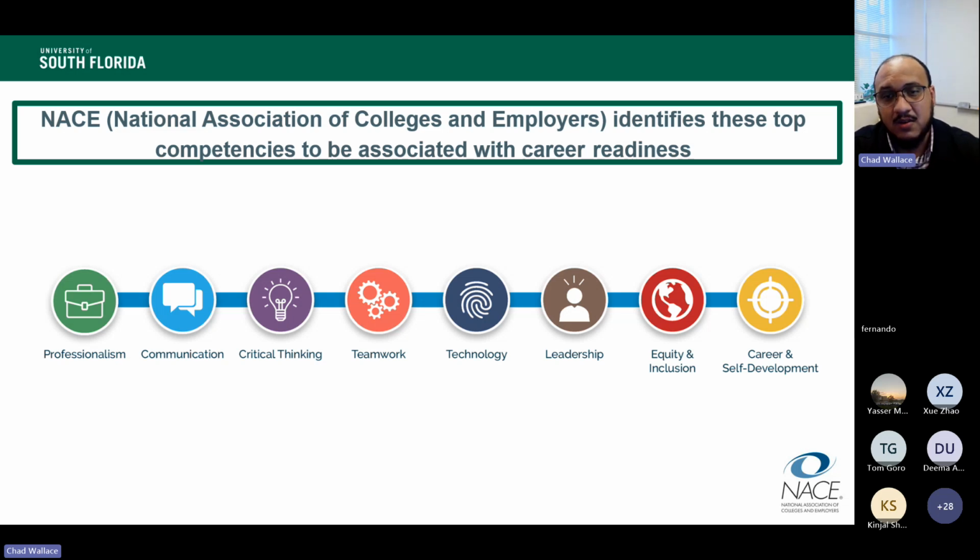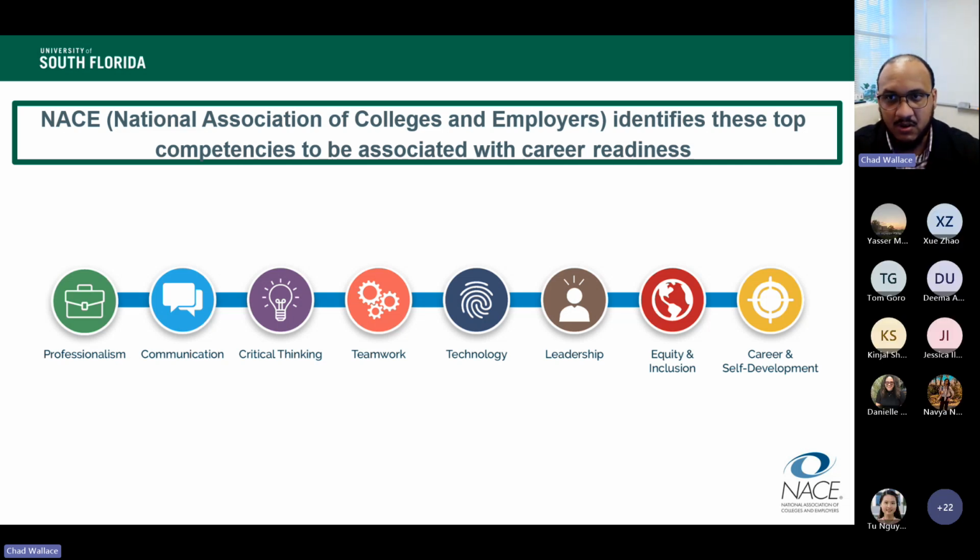I am sure many of you, simply by being a student, have been able to develop, portray, or further learn some of these competencies, let alone through work experiences or a variety of other experiences.